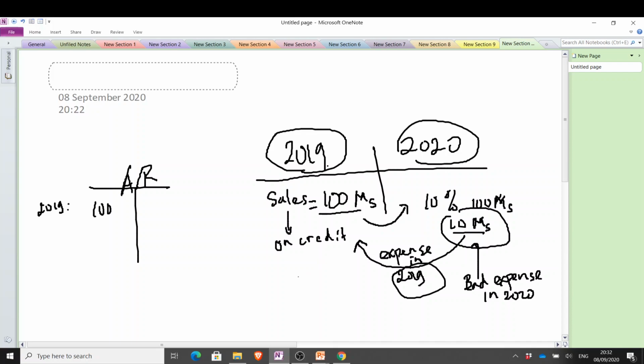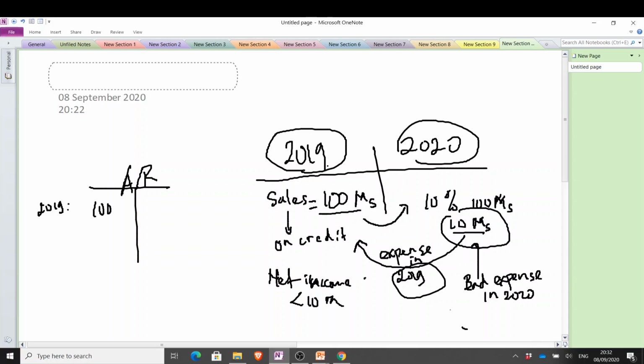If we recorded these expenses in 2019, the net income in 2019 should have been lower by 10 million rupees.